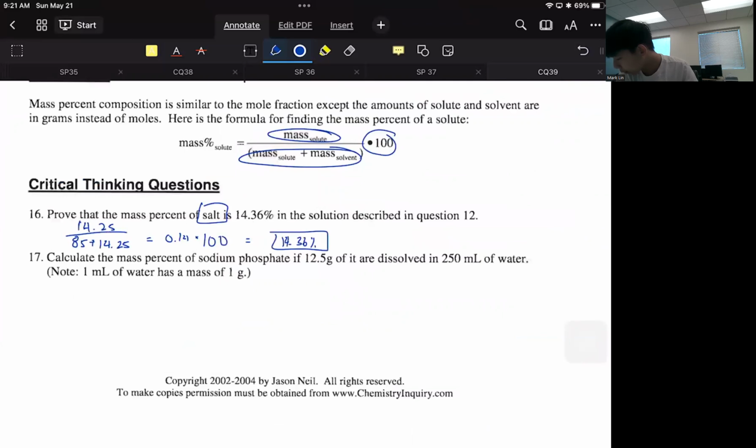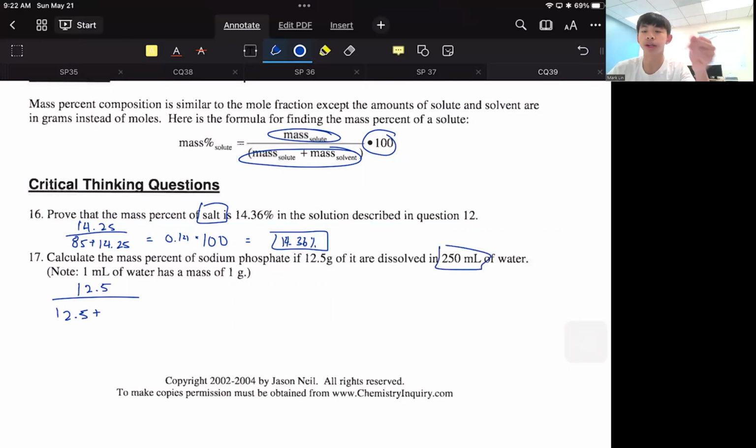Number 17, calculate the mass percent of sodium phosphate if 12.5 grams of it are dissolved in 250 milliliters of water. Note 1 milliliter of water has a mass of 1 gram. So we're trying to find the mass percent of sodium sulfate, 12.5 grams on top, divided by 12.5 plus the grams of water though. We don't have the grams of water, we only have the milliliters of water.